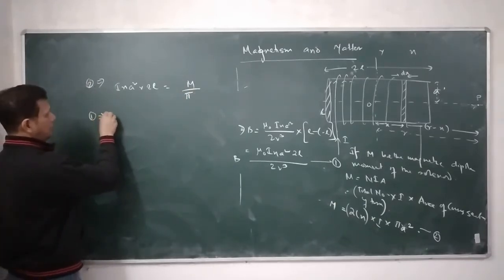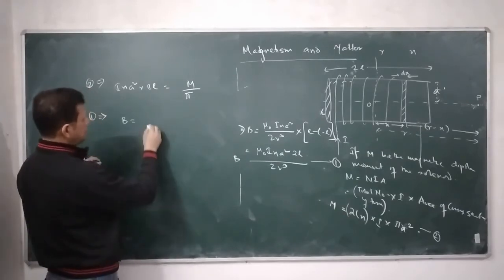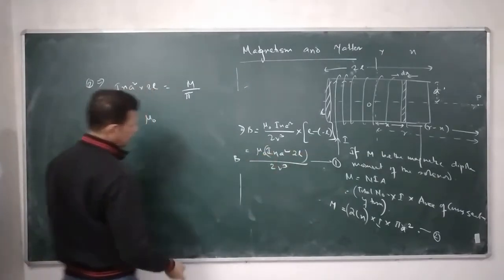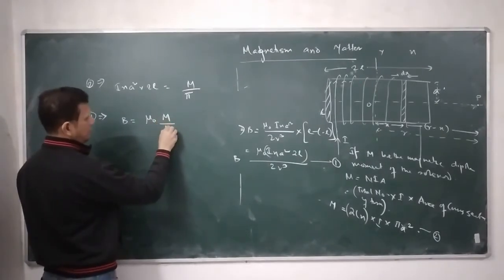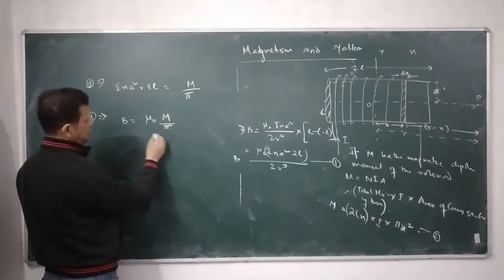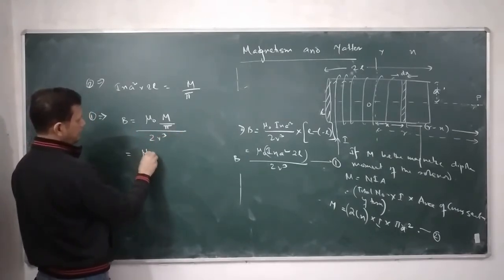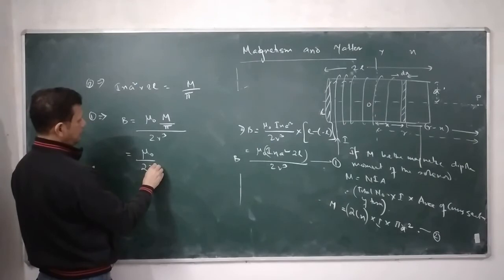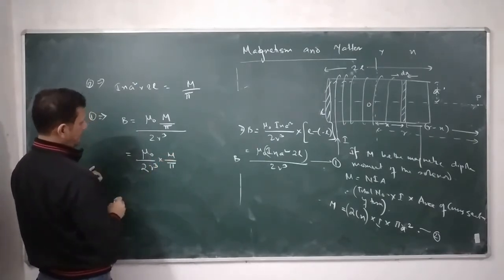Now equation number 1 will be B equal to μ₀ into this value, which comes out to be M by π, divided by 2r³. Simplifying again, μ₀ by 2r³ into M by π.